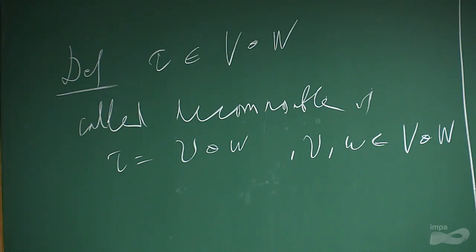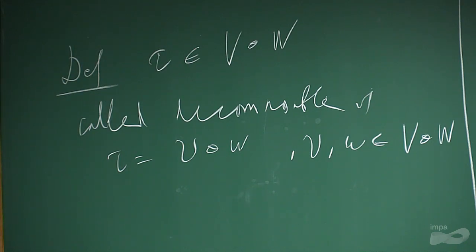Decomposable tensors under this isomorphism correspond to matrices with one-dimensional image. Okay. So who understands this theorem well? Good. Thank you very much.